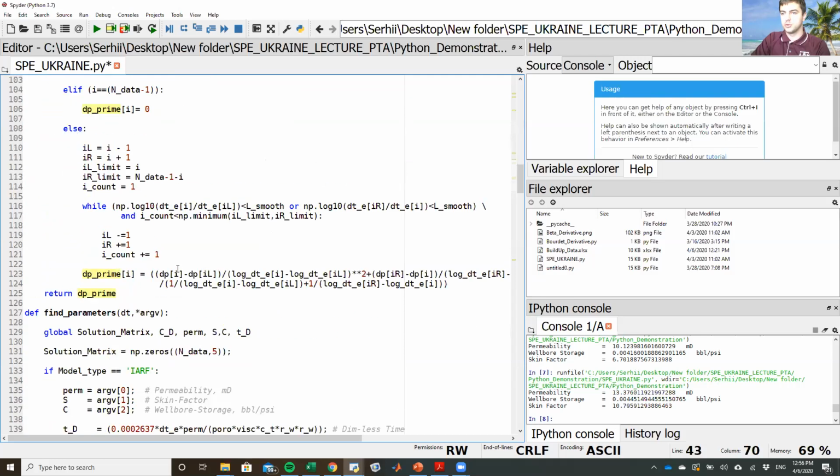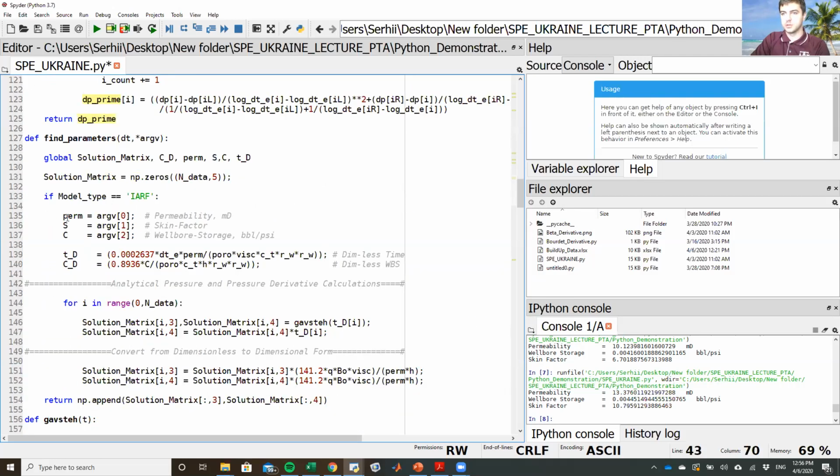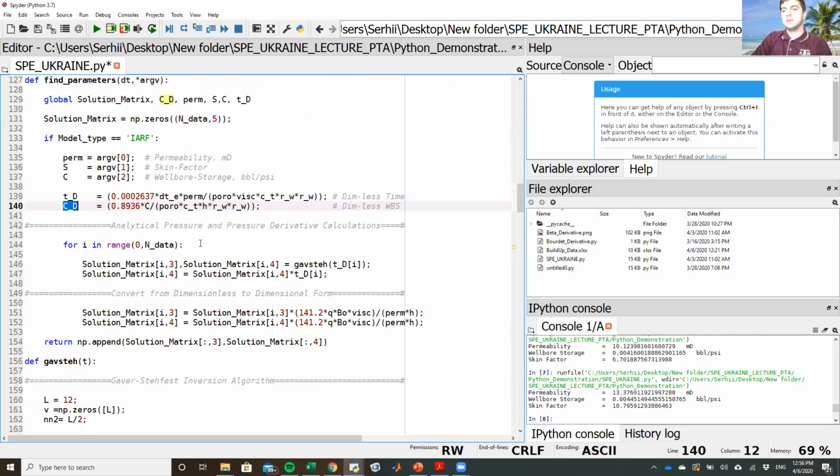Let's go to the find parameters function. As you see, these are our 3 unknowns: permeability, skin factor, and wellbore storage coefficient. What we have to do next is convert our variables into dimensionless units, such as dimensionless time, as well as dimensionless wellbore storage coefficient.